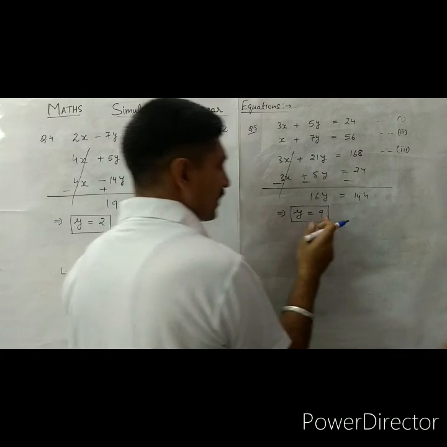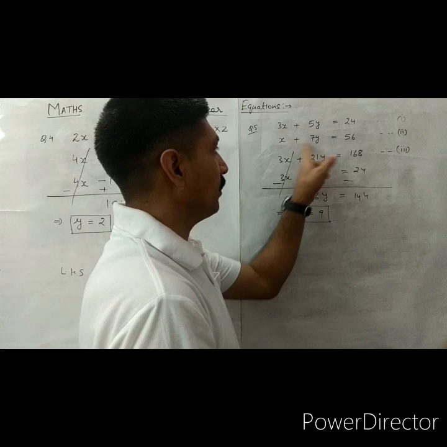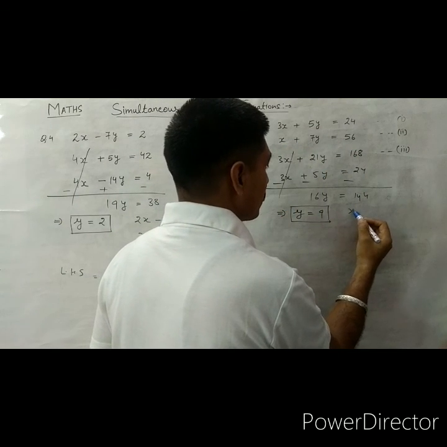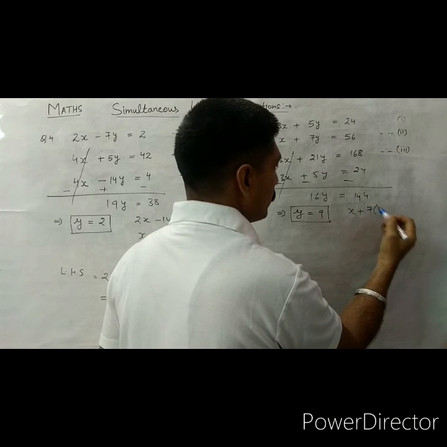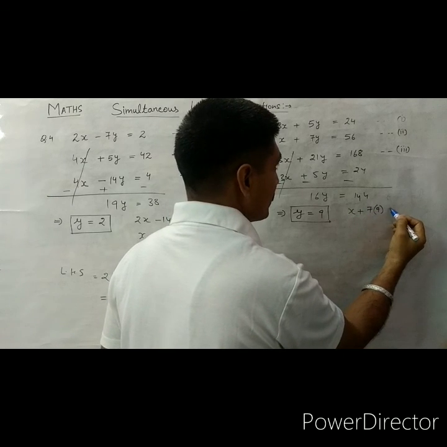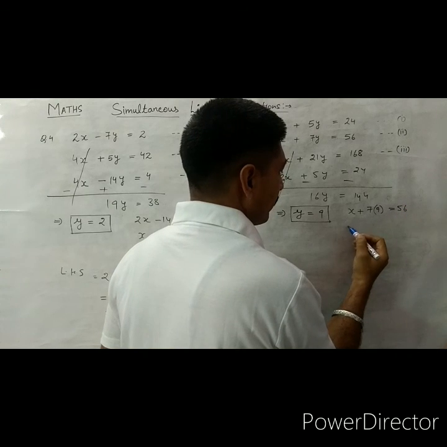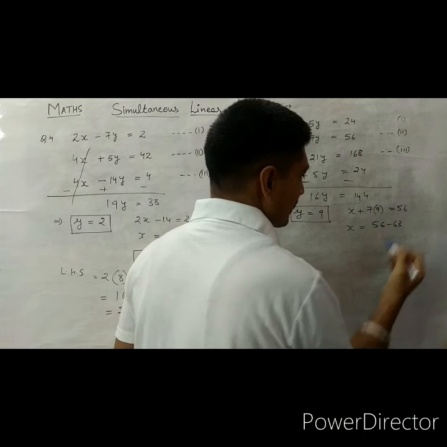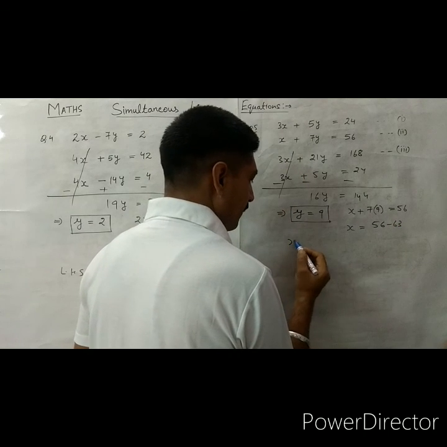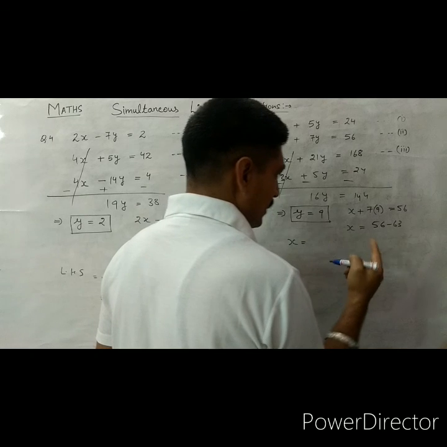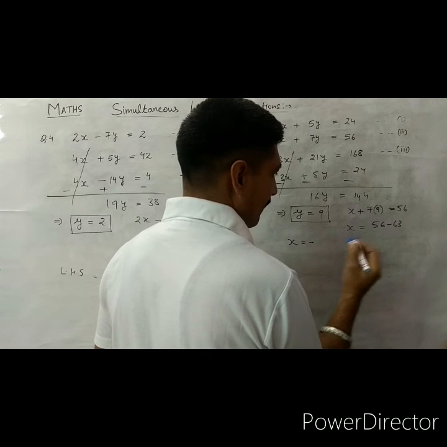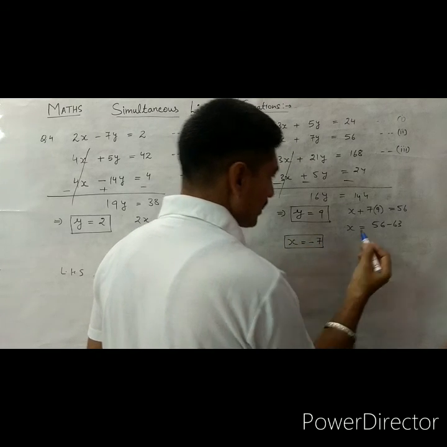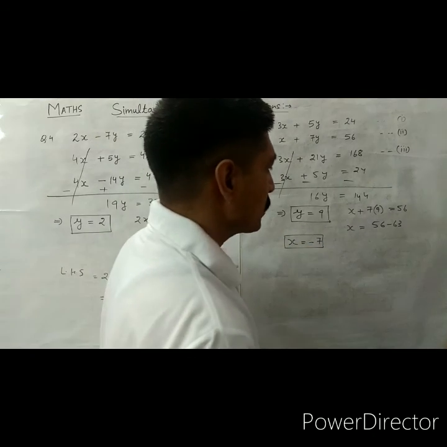So here again, substituting the value of y in any of the equations. Here in equation number 2, x plus 7 into 9 is 63. So here the value of x is equal to 56 minus 63. So we have the value of x is equal to minus 7. Let's check here.